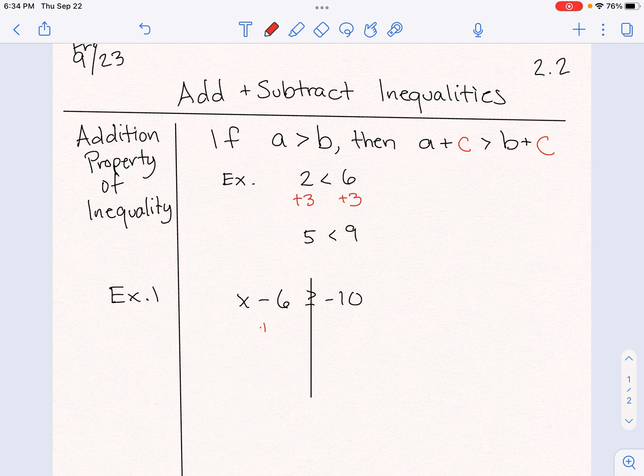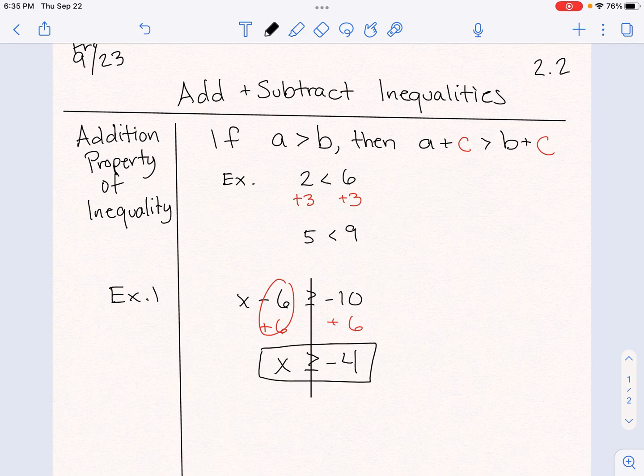We're undoing the subtraction of 6 by adding 6 to both sides. We know that negative 6 plus 6 equals 0, so we circle that. And then from here, we'll put x is greater than or equal to negative 4.